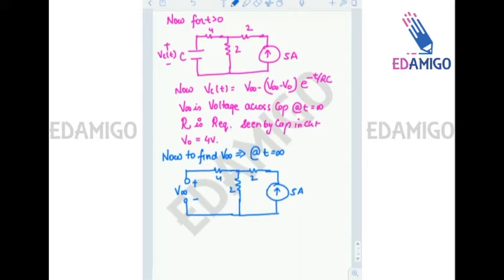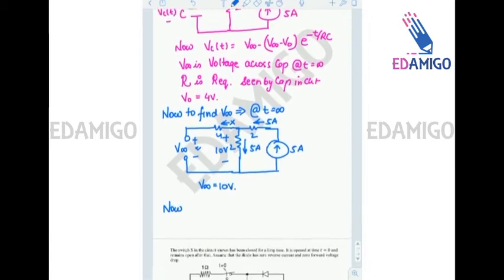Now this 5 ampere current will not go in this direction because capacitance is open circuited, so the whole current will go through the 2 ohms resistance, and the voltage drop across this will be 10 volts, so we can say that V infinity equals 10 volt. Very simple.